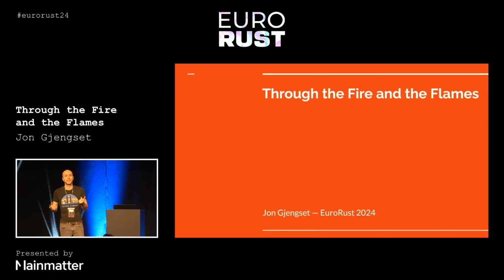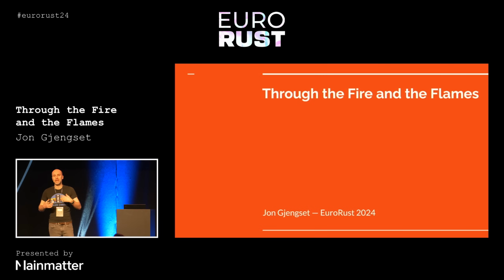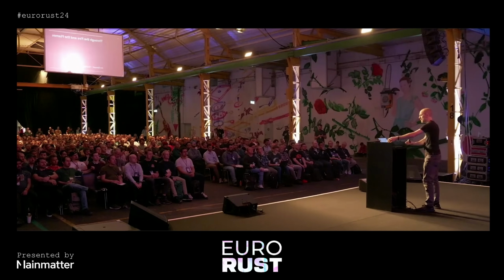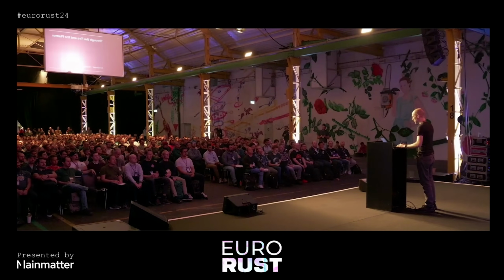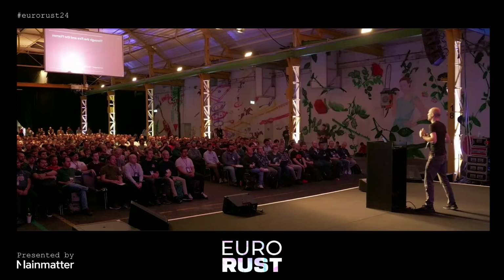Whatever it might be, they might come to us with relatively little Rust knowledge, and they need to be brought on board quickly, safely, and to the point where they can actually take that expertise and put it into practice in real systems.